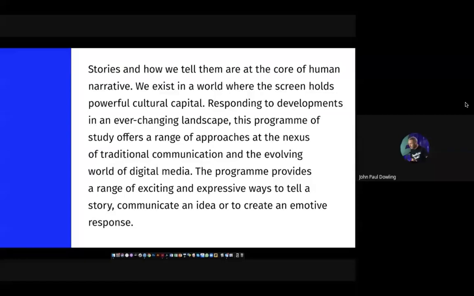We exist in a world where the screen holds powerful cultural capital, responding to developments in an ever-changing landscape. This program of study offers a range of approaches at the nexus of traditional communication and the evolving world of digital media. The program provides a range of exciting and expressive ways to tell a story, communicate an idea, or create an emotive response.